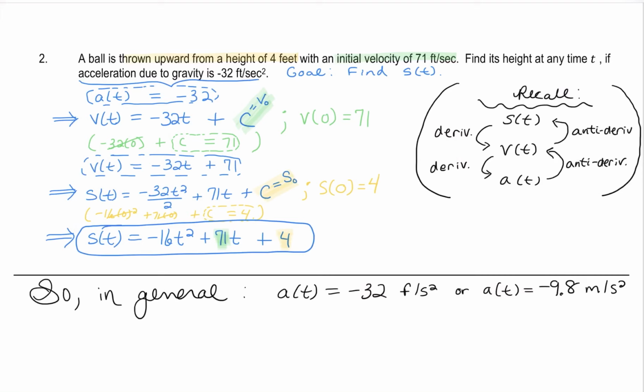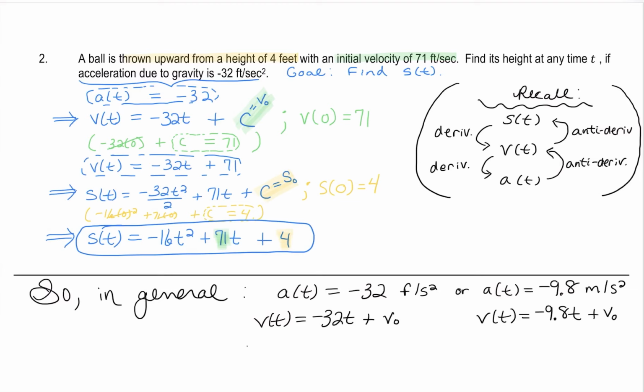What that tells you is your velocity is going to be negative 32t plus whatever your initial velocity is. Or if you're working over here, your velocity would look like negative 9.8t plus whatever your initial velocity is.